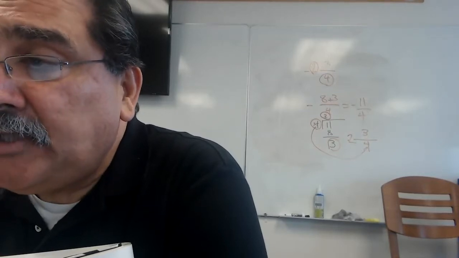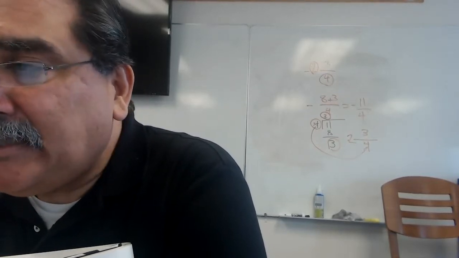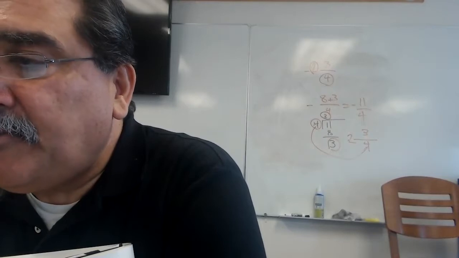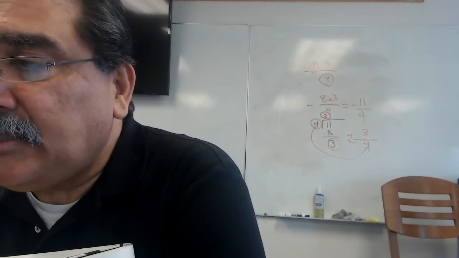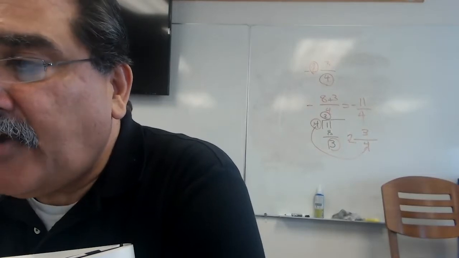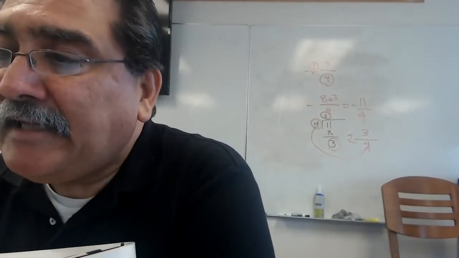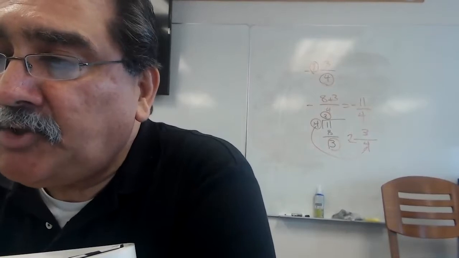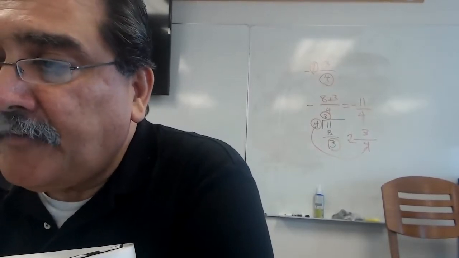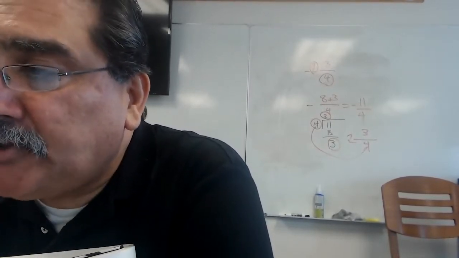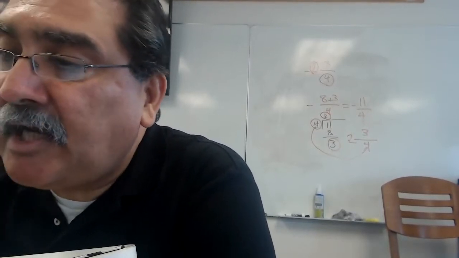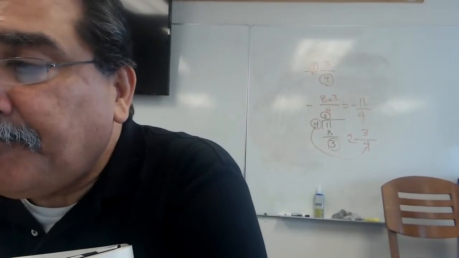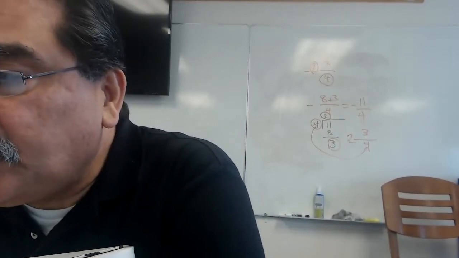Division is basically the same thing. The only thing you have to remember is that the fraction you want to divide by, you invert it and then change the sign to multiplication. 4 over 5 divided by 2 over 3 is the same as 4 over 5 times the inverted fraction, 3 over 2.